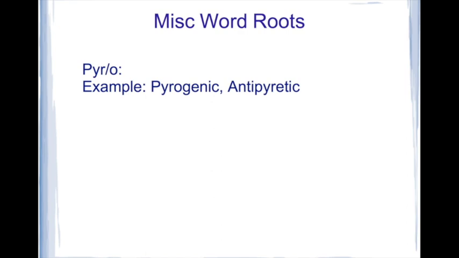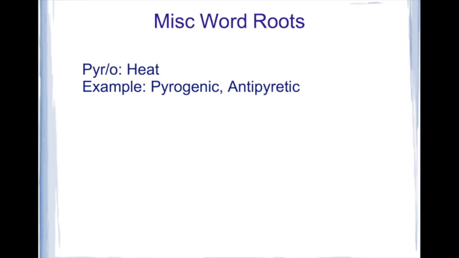Why do we huddle around a fire? Because fires produce heat. So if something is pyrogenic, it produces heat. If we take an antipyretic, we are trying to lower our body temperature. It works against heat. Typically, fever is what you would use an antipyretic for.